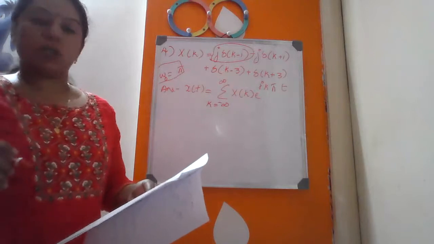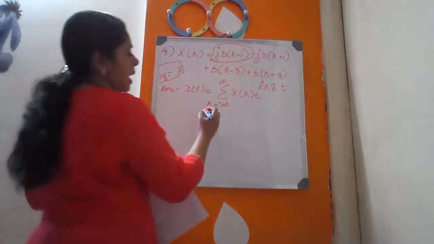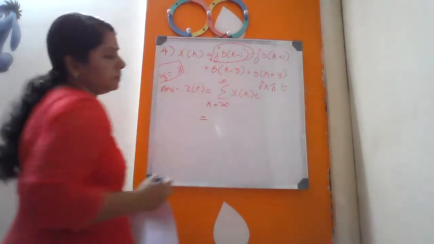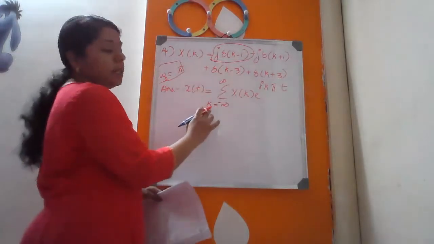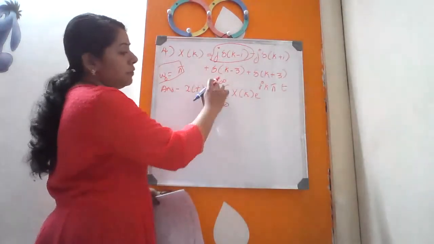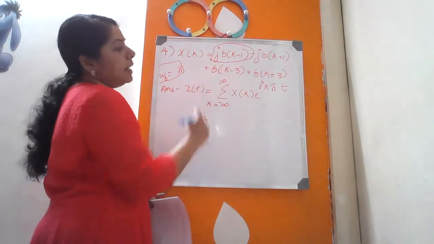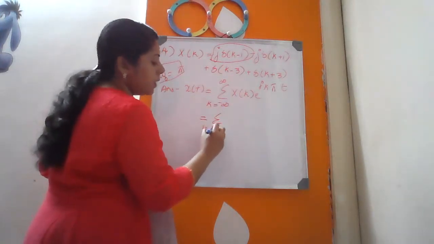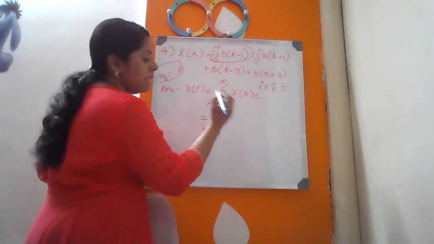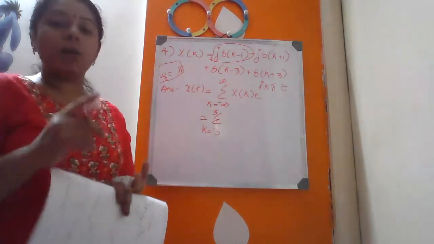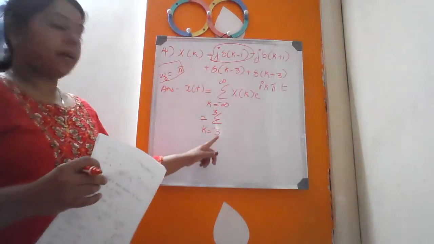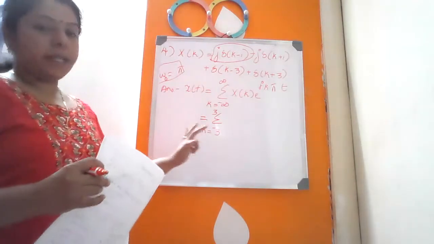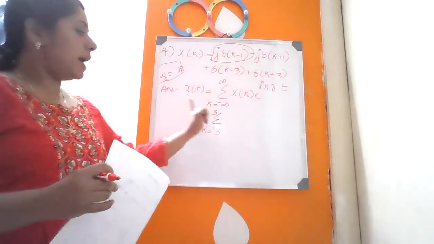So this equation, I can rearrange it. I don't want my limit from minus infinity to plus infinity. I can directly write that I need k only from minus 3 to plus 3. That too, I have values only at minus 3, minus 1, plus 1 and plus 3.